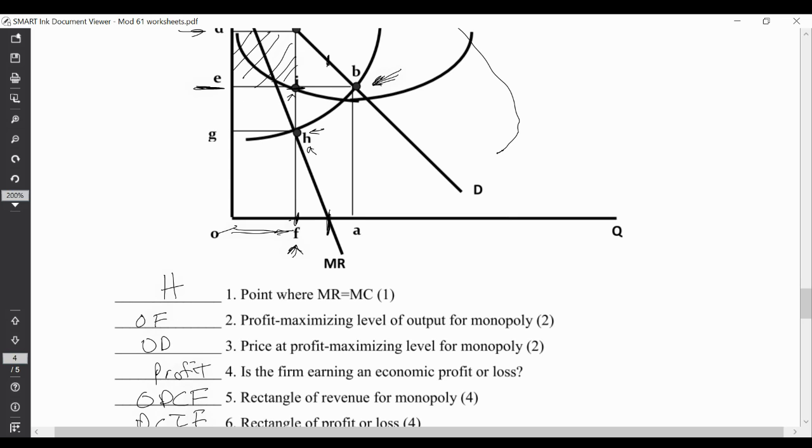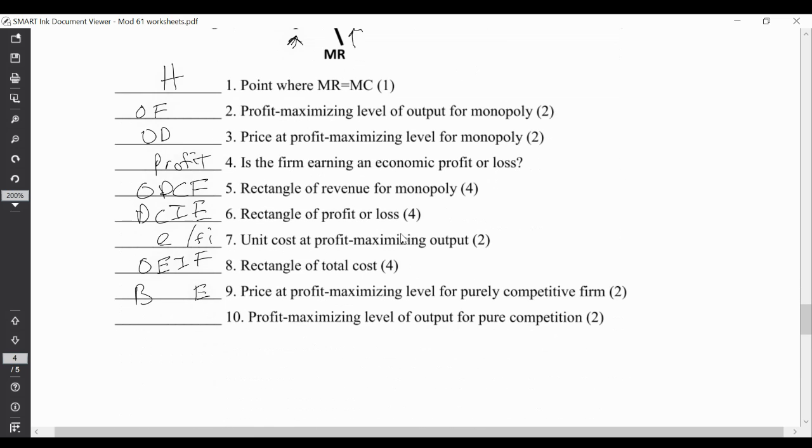And then it says a profit maximizing level of output in pure competition. That would be here at A, or OA, as they would say.